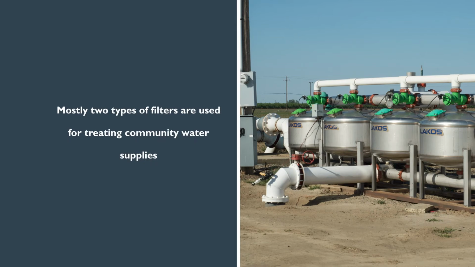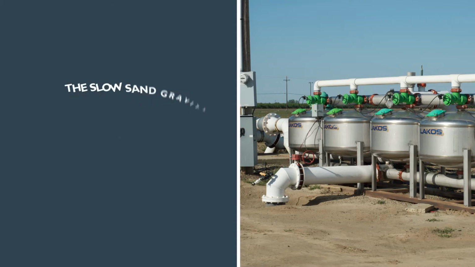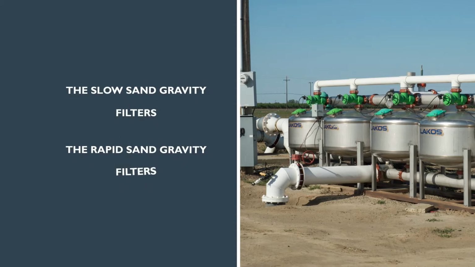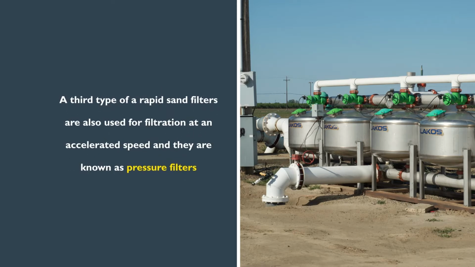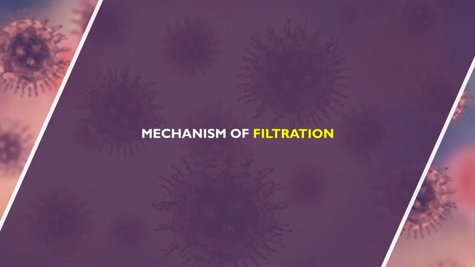Mostly two types of filters are used for treating community water supplies: the slow sand gravity filter and the rapid sand gravity filter. A third type, a rapid sand filter used for filtration at an accelerated speed, is known as the pressure filter.